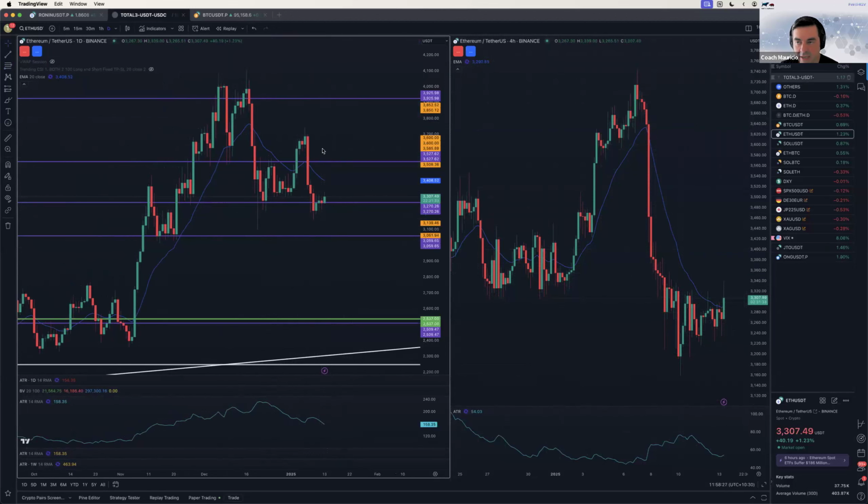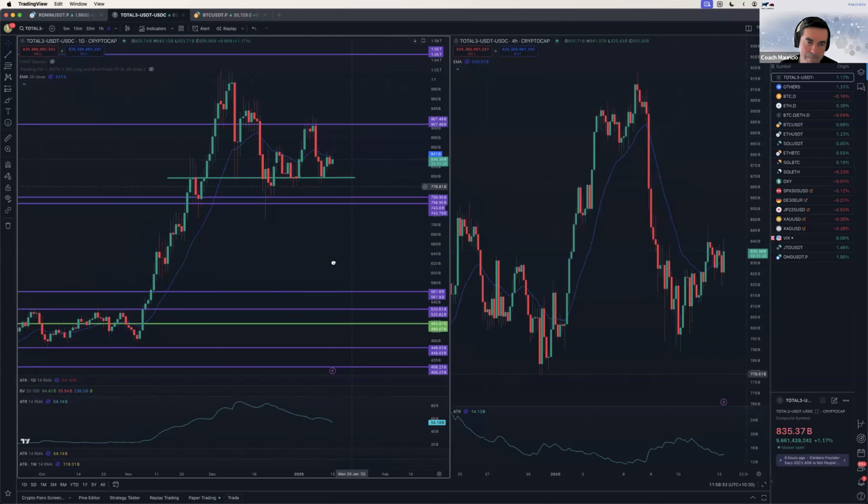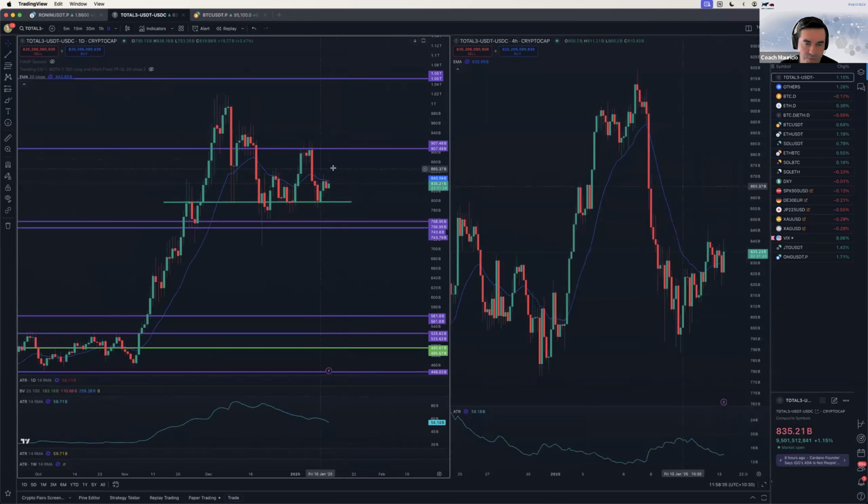Market looks bullish. If you look at Total 3, let's have a look. So Total 3 definitely is holding. It's holding its line. Obviously this level here is going to become really important in the next couple of days.